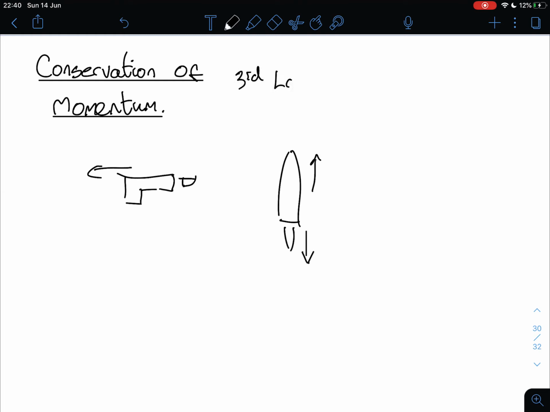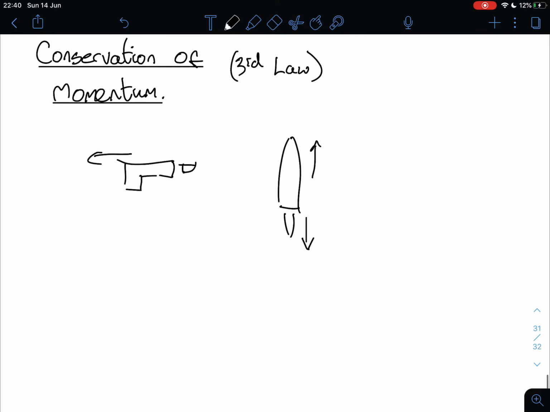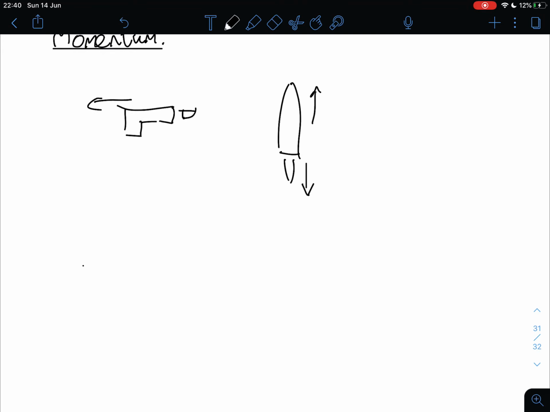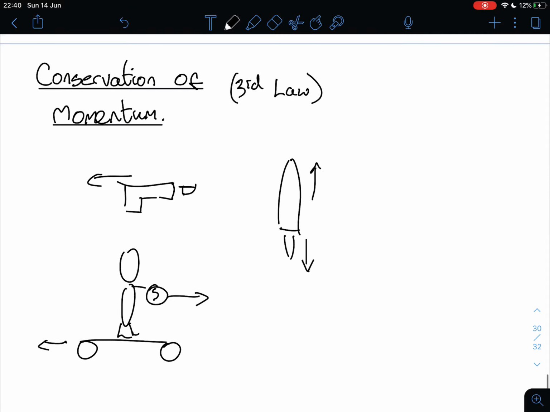If you remember Newton's third law, for every action there is a reaction. This is it in action. A good way to test it for yourself is stand on a skateboard and get a big basketball, throw it as hard as you can that way, and the skateboard will go that way. So you can see it in action. So that's conservation of momentum.